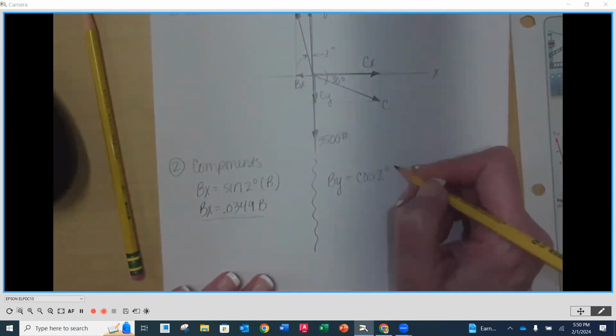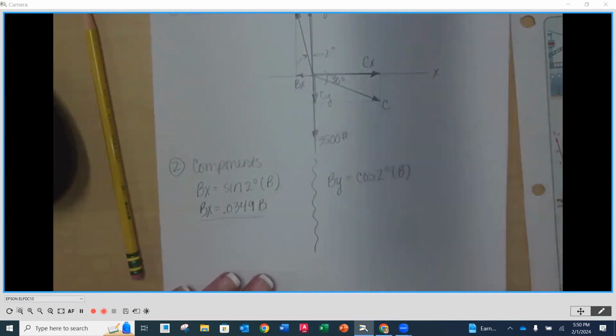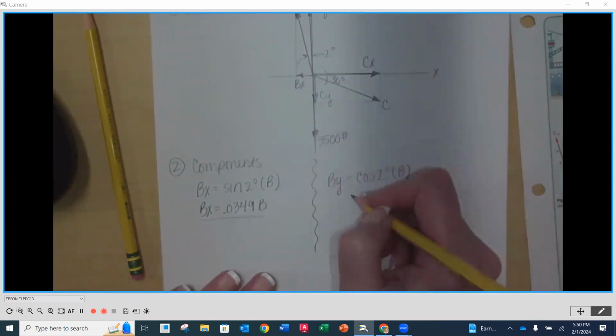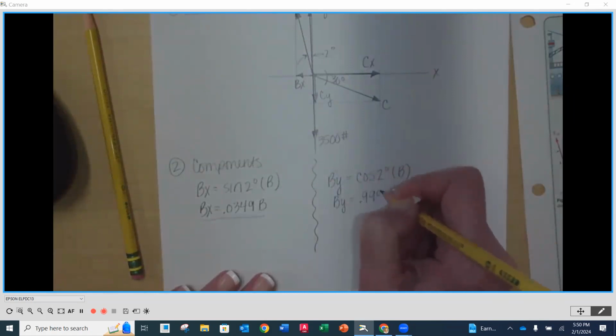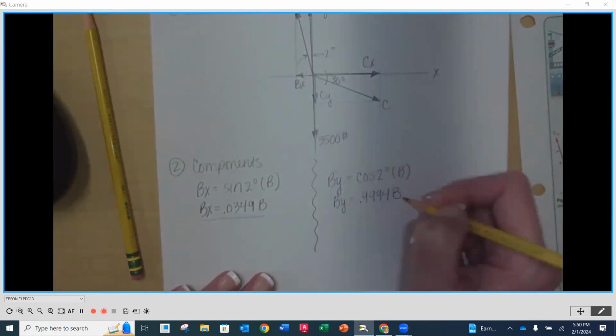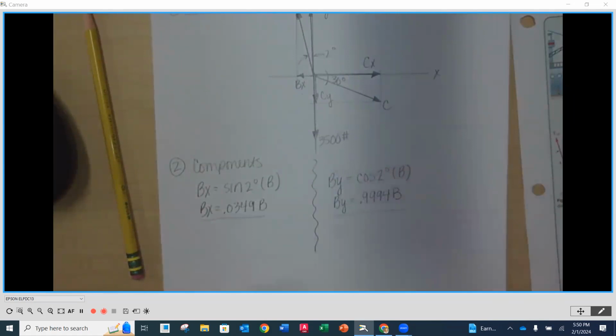So cosine of 2 degrees times B. So 2 cosine, my BY is going to be equal to 0.9994 B. And again, don't round at this level because we're going to be using these, and that way you round your final answer. So 5 decimal places is what you want to do.